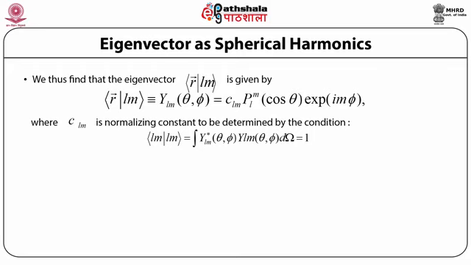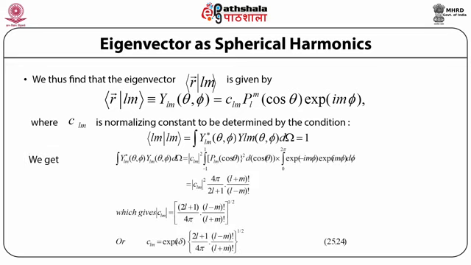Using this orthonormality condition or normalization condition, we get the integral of y lm theta phi star y lm theta phi d omega, that is the integration over the entire phase space volume, giving modulus of c lm whole square times the integration with limits from -1 to +1 within brackets PLM cos theta whole square d of cos theta, times the integration with limits from 0 to 2 pi of exponential to the power minus im phi exponential to the power im phi d phi.